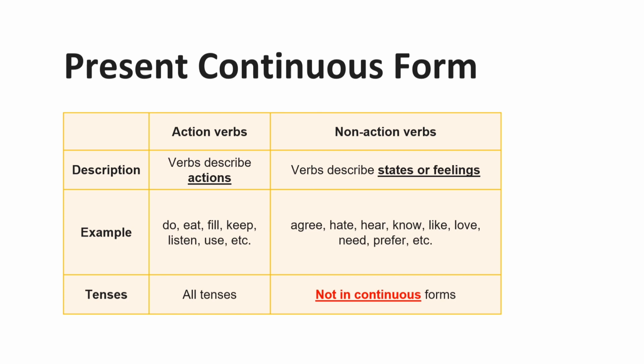Because love is a non-action verb. It's about a feeling. So I cannot use it in present continuous form. I am loving this food. This is wrong. You should always say, I love this food, even if it is right now.